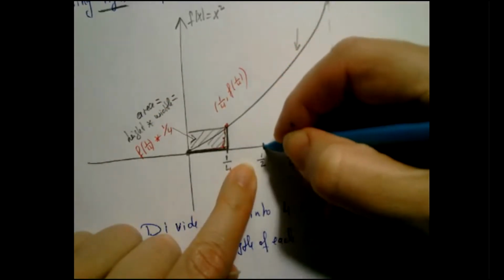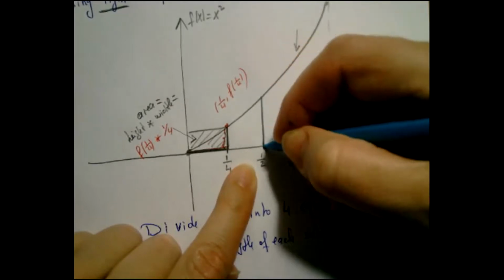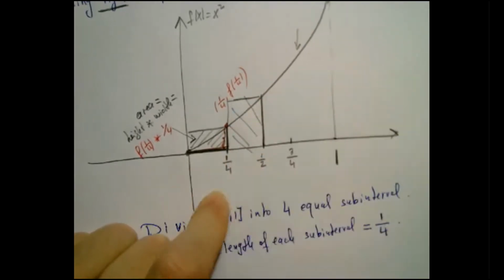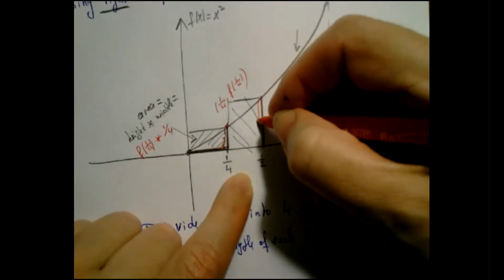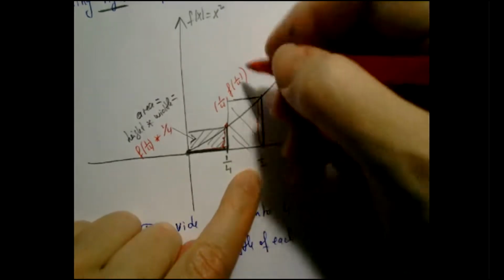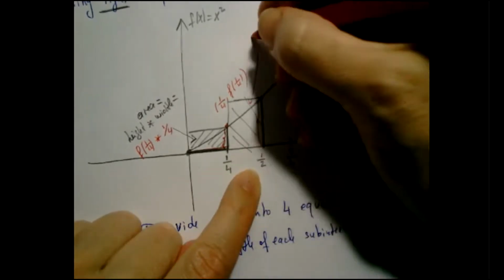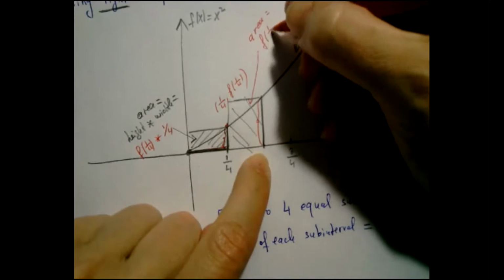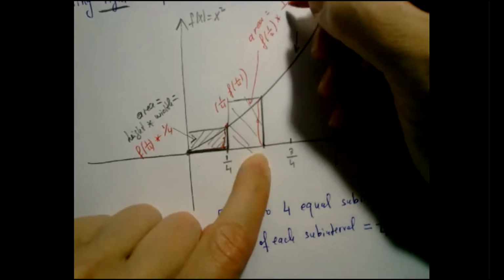Then I'm going to take the second rectangle, exactly the same. That's my second rectangle, and the height here is from here to here. It's the value of the function at 1/2. So the area of this one is the value of the function at 1/2 times the base.